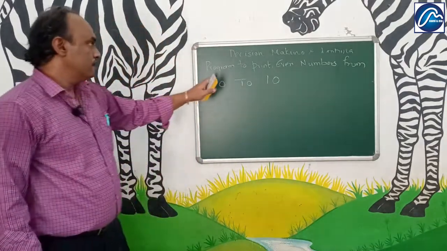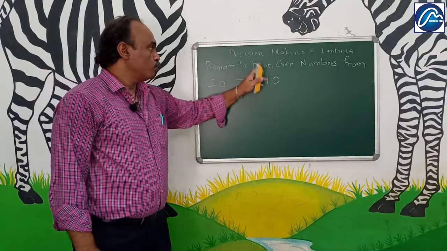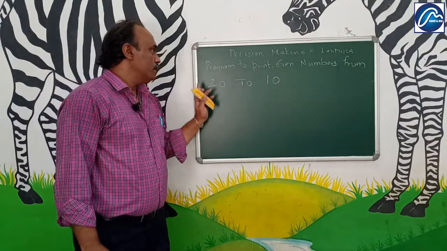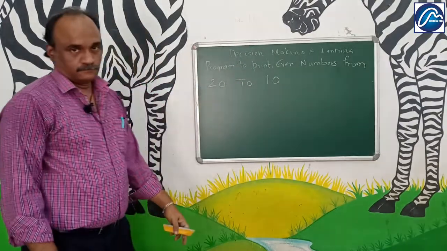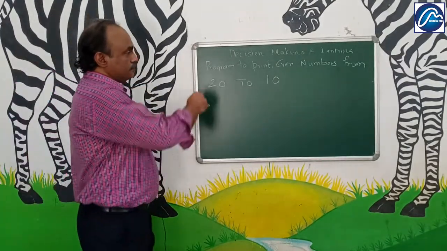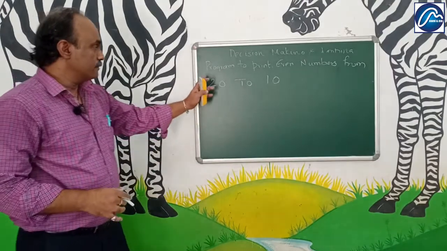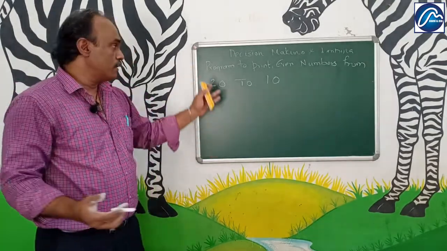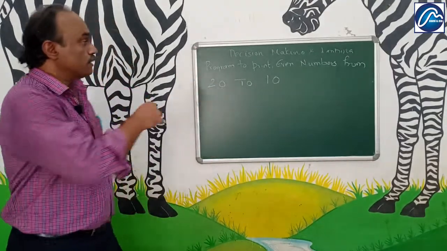Is it clear? Write a program to print even numbers from 20 to 10. So this is the reversal. I am not writing a program from 10 to 20. It is from 20 to 10.